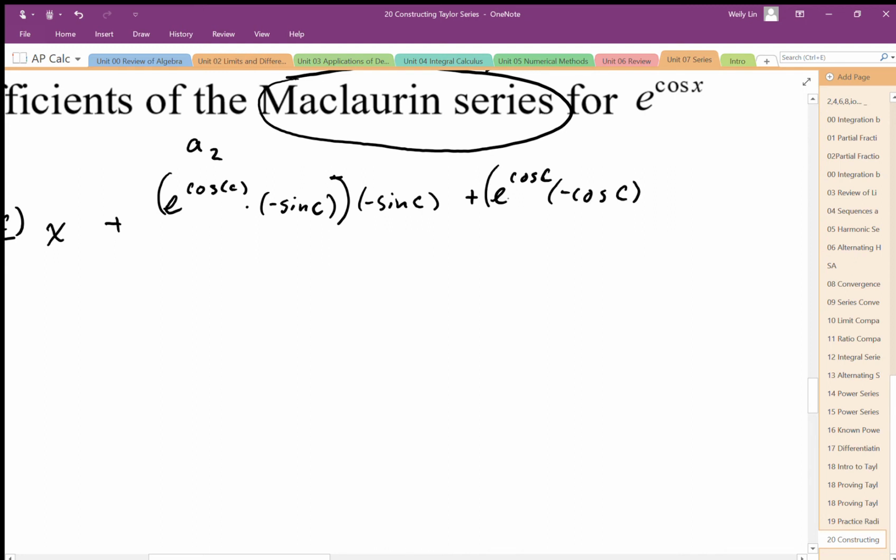Okay, so that's the second part of the product. So maybe I'll group that in this way so you can see what it is.